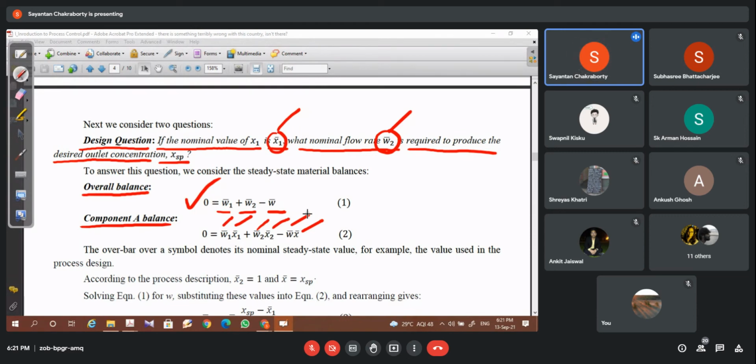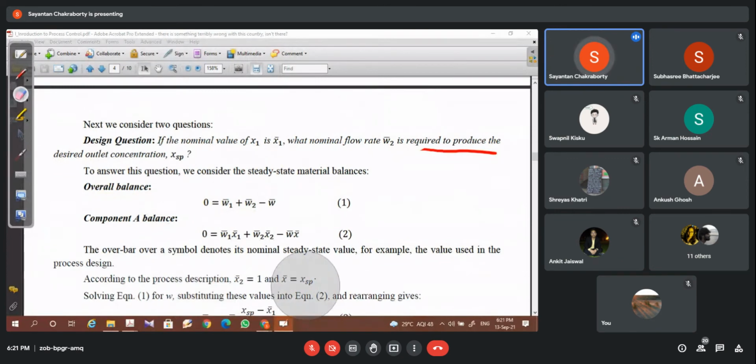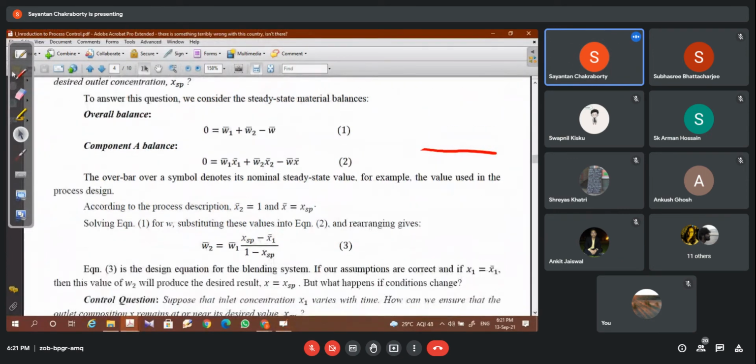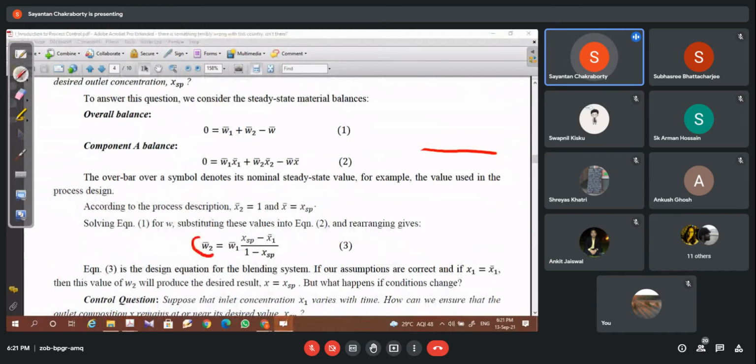All these are steady state material balances, right? This is very important. That's why these bars are put. Now we all know X2 bar is equal to 1 as given. There's no way you can change that. And X bar is nothing but your desired XSP. So if you rearrange equations 1 and 2, we find the desired value of W2 at steady state, the stream 2 flow rate, to maintain X bar equal to XSP will be given by this equation.